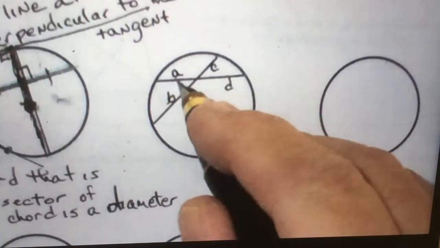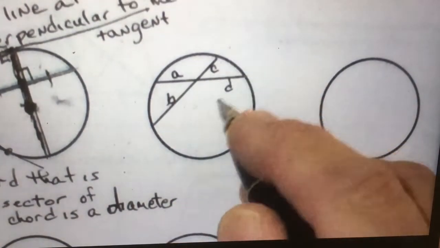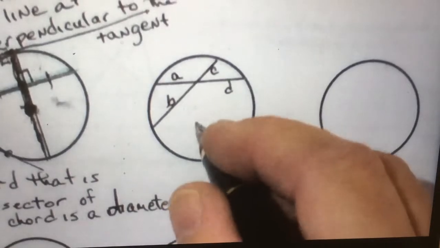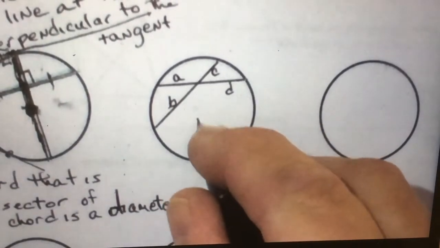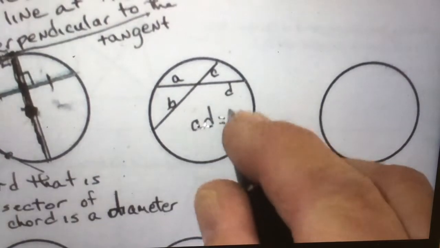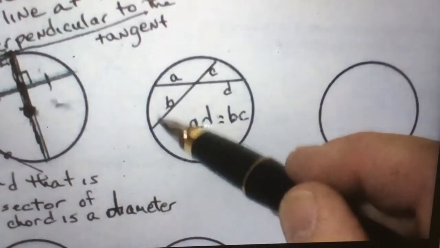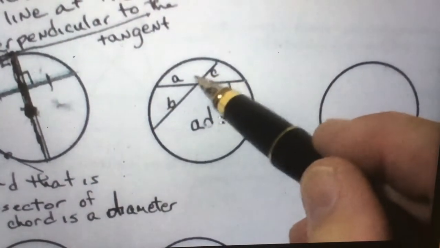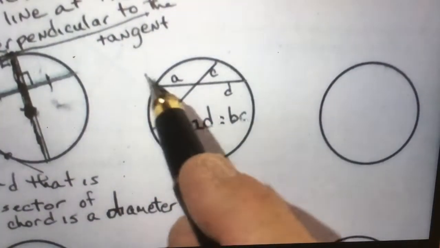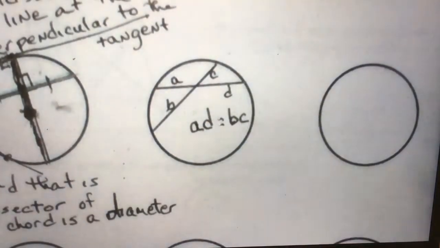Now, if we take these as the lengths of the segments, A, B, C, and D, it is always true that A times D is equal to B times C. In other words, this length times this length is equal to this length times this length.